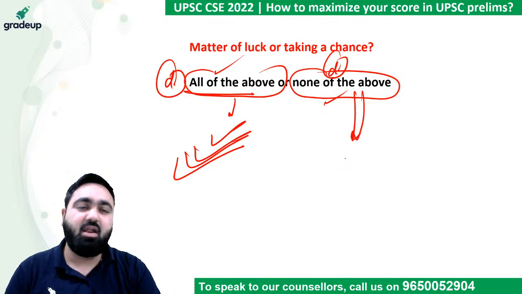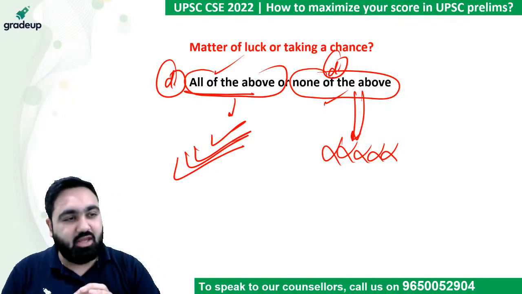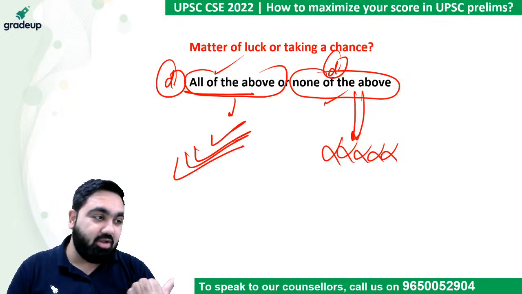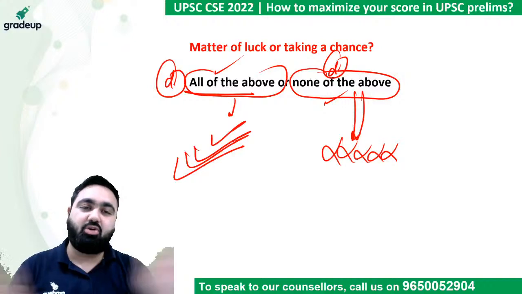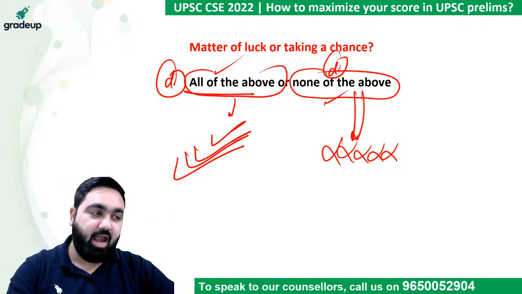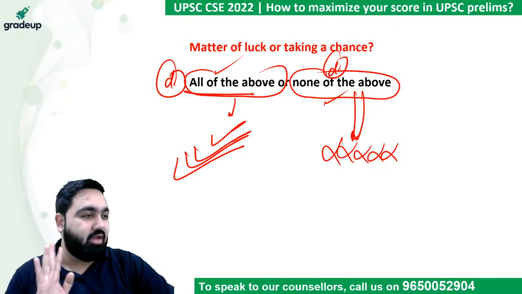None of the above, very little chance that this will be correct. All of the above has a much higher chance. None of the above, on the other hand, is not likely to be correct. So if you have no option and you have to do something, then please go with all of the above. Don't go with none of the above.